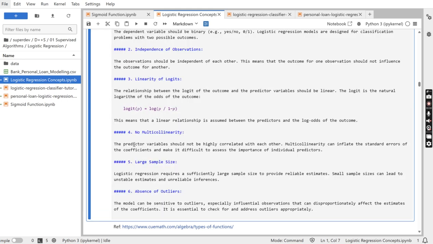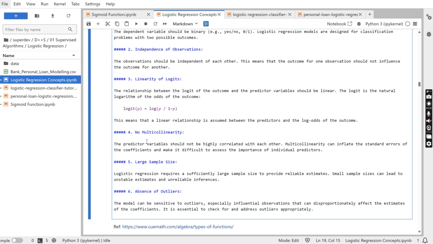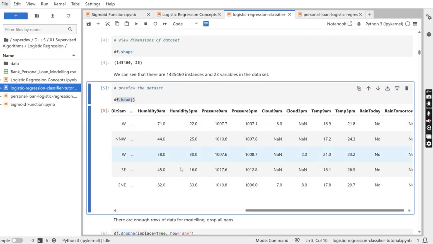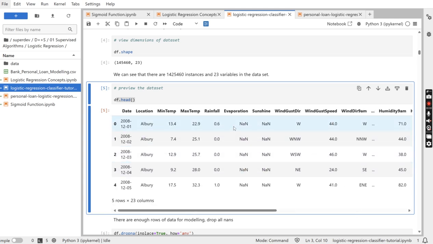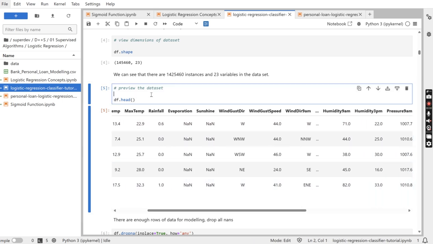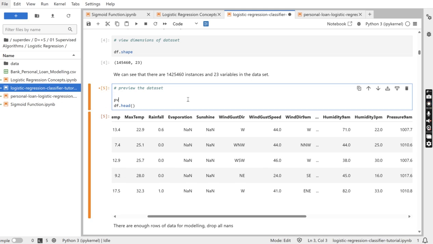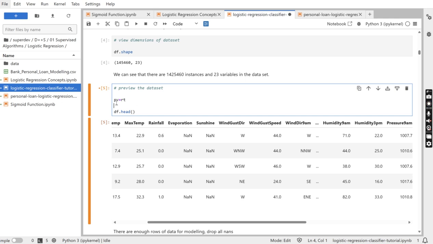Next is no multicollinearity, same as linear regression. The individual columns that you have here should not be predicting the same thing. For example, they should not have some sort of correlation between them. Let's just say pressure and humidity. PV equals RT, right? So pressure and volume are dependent, and they are also dependent on temperature. Temperature increases, pressure increases, they are directly proportional.